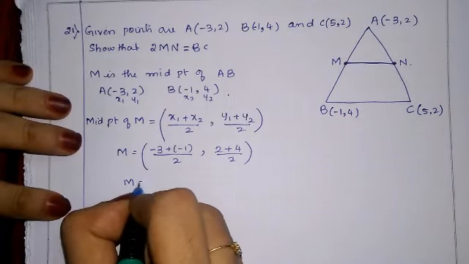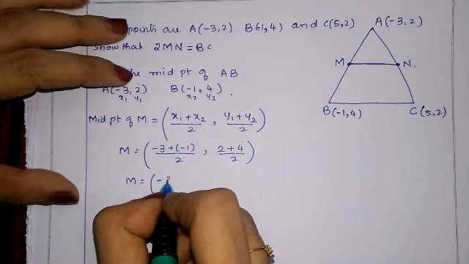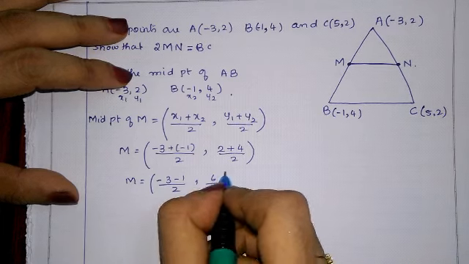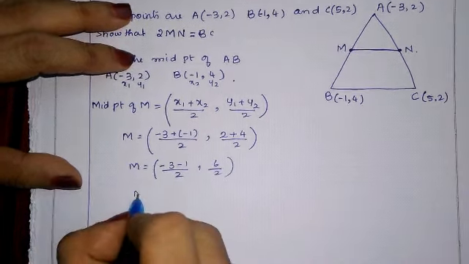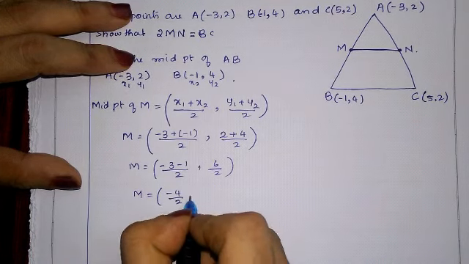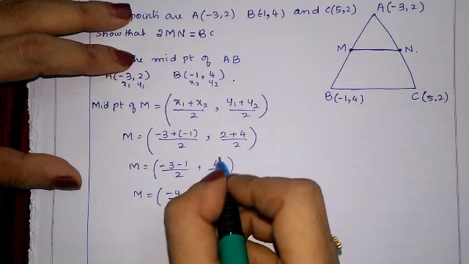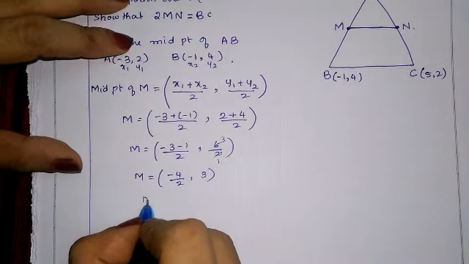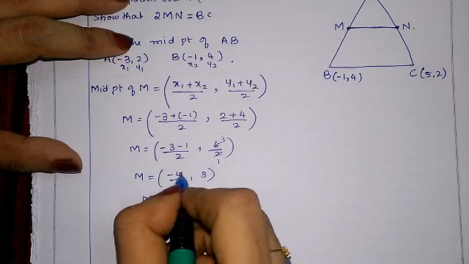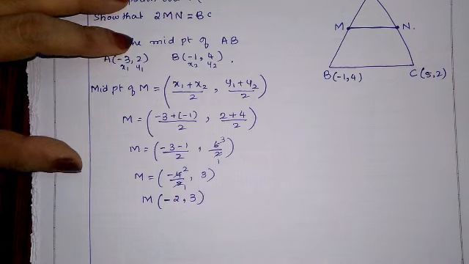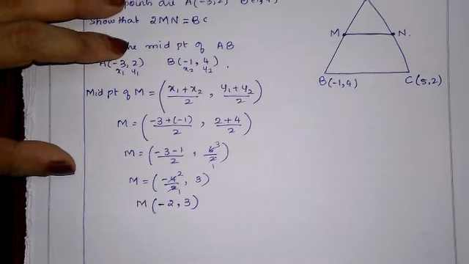M is equal to ((-3 - 1)/2, 6/2). M we got as (-4/2, 3), that is, M is equal to (-2, 3). We got M point as (-2, 3).